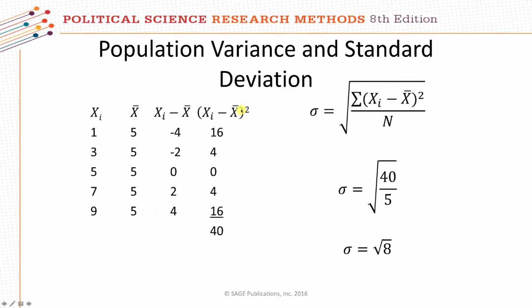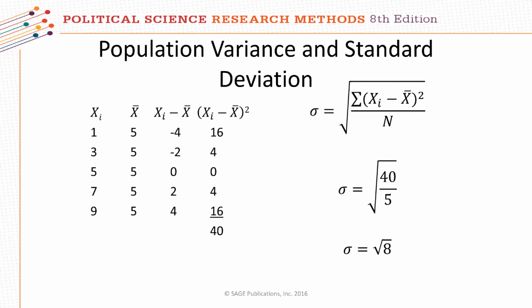And when you square that, what do you get? You get 16, 4, 0, 4, 16. Oh, look, and the sum of all this is 40. This is the sum of that calculation. It's 40, divided by the number of observations, 5. That gives 8, and then we take the square root of it, and that is going to be your answer.